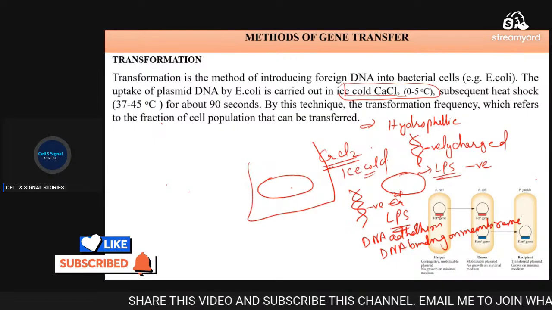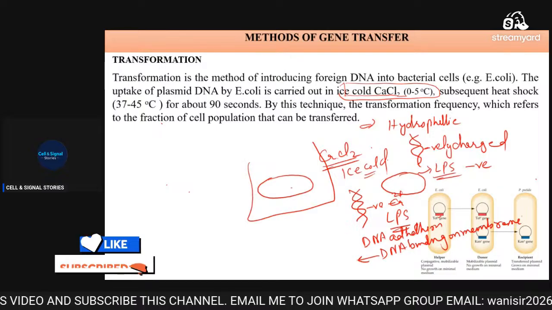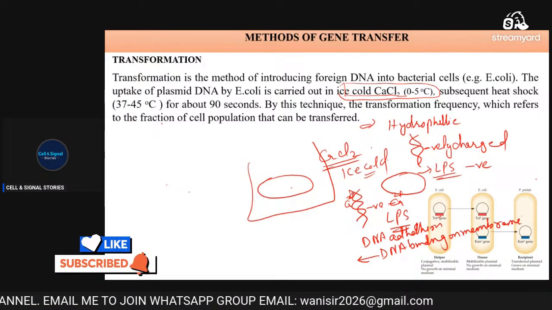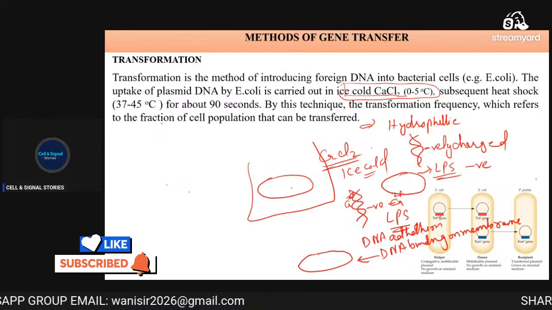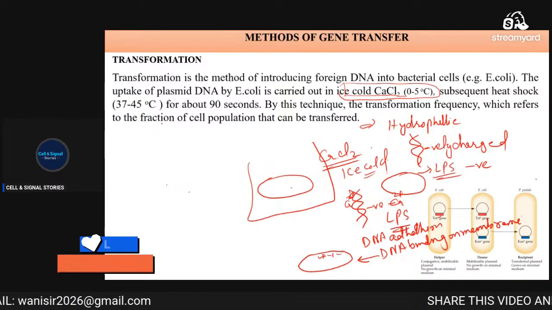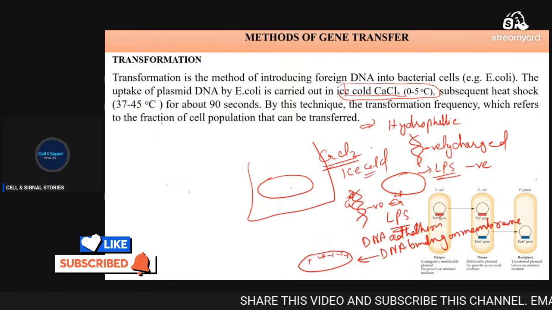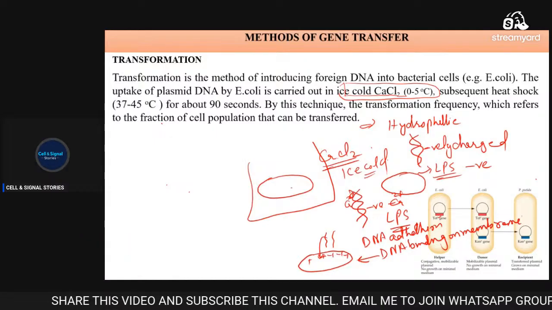And why do we give the heat shock? Now this becomes a large DNA. It is the DNA attached with the calcium, and it is a very large size. We give the heat shock. That means the membrane is depolarized, and this depolarized membrane easily allows the naked DNA to enter into the cell.